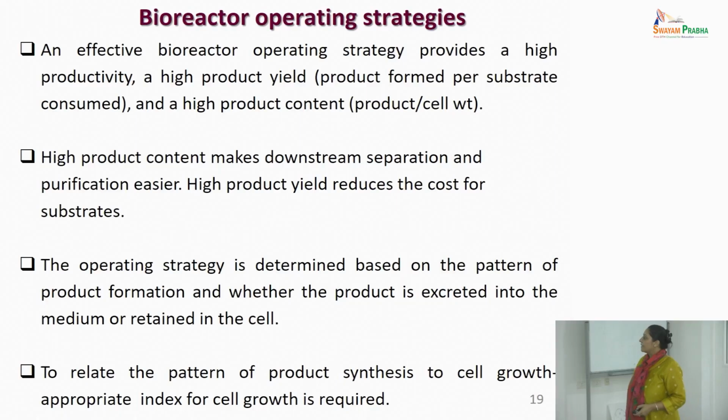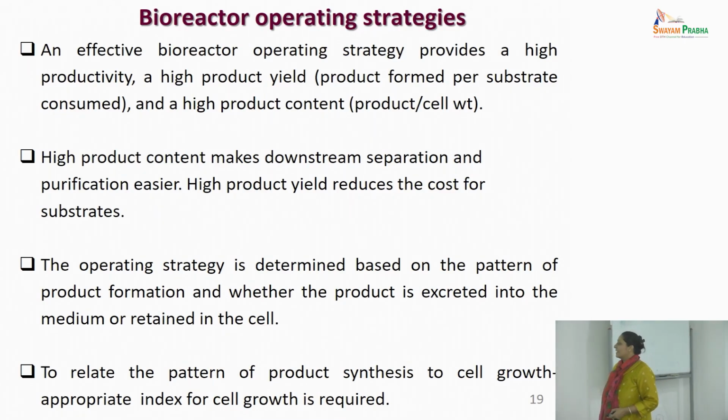To relate the pattern of product synthesis to cell growth, an appropriate index of cell growth is required. Generally in plant cell cultivations, although the phases of growth remain the same as microbial cell suspensions, you will be able to see a lag, log, stationary, possibly a death phase, but we don't go till that point.